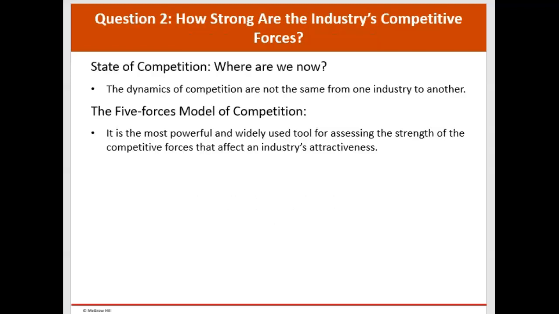Now, question 2 then would be, how strong are the industry's competitive forces along the way? So each of the frameworks presented in this chapter that we're studying, PESTLE, the 5 forces, the driving forces, strategy groups, and competitor analysis, and key success factors, right? These all provide a useful perspective on how the industry looks at the future profitability.